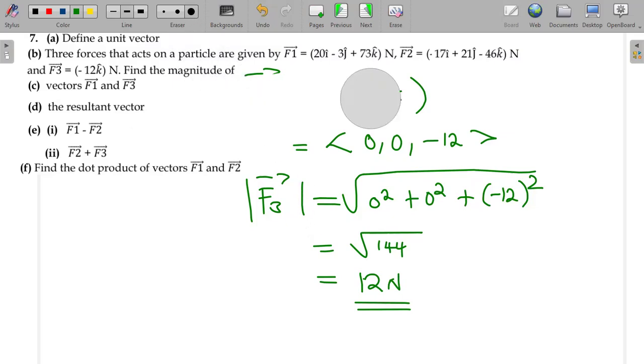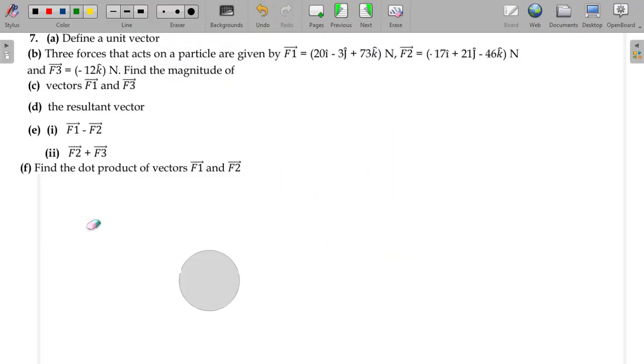Okay, let's look at part D. They're saying find the resultant vector. In fact, it's find the magnitude of the resultant vector. The resultant vector is obtained by first finding the sum of all the vectors that you've been given. That's the resultant.